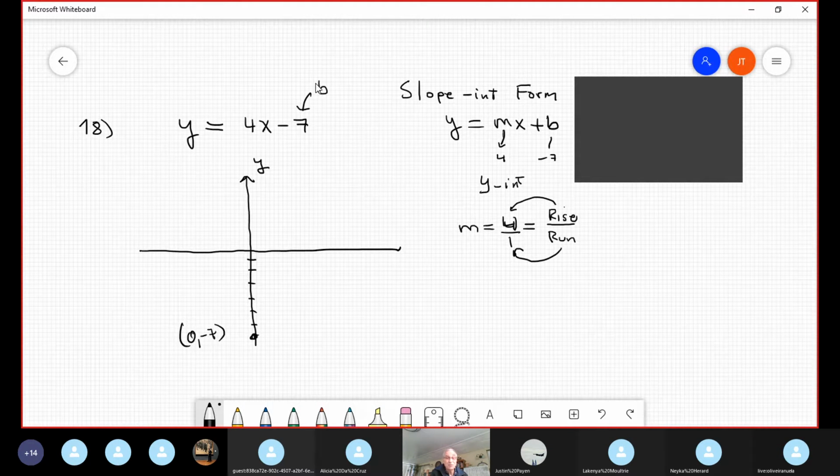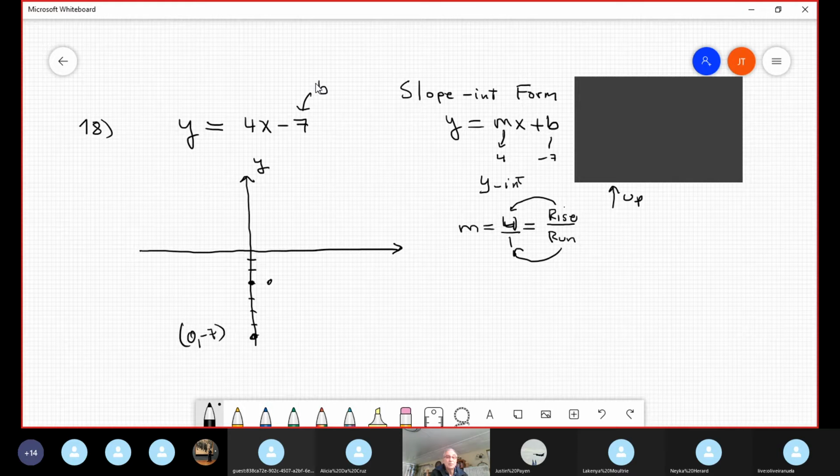And 4 is positive, so 4 up. From this point, 1, 2, 3, and 4, and 1 to the right, because run is always positive to the right. And rise maybe is positive, in this example it was positive, and sometimes negative, so it's down.